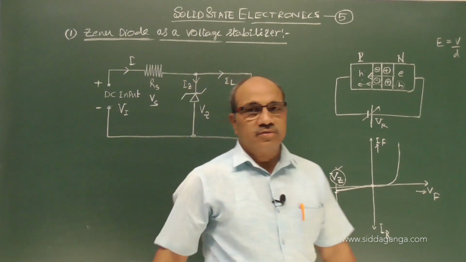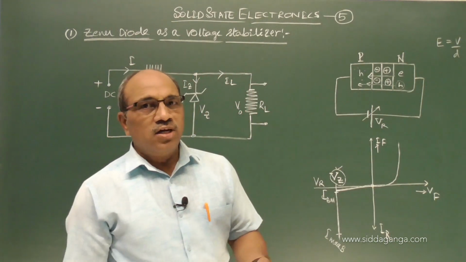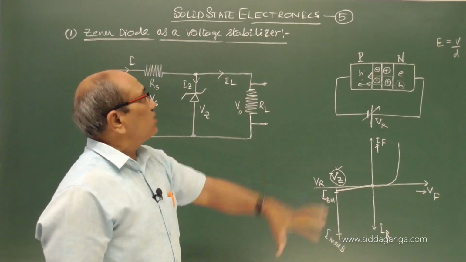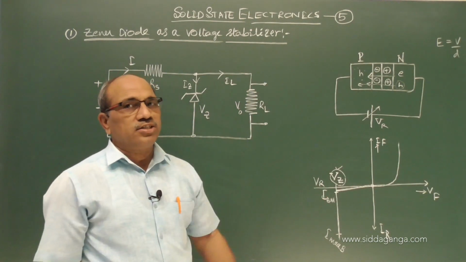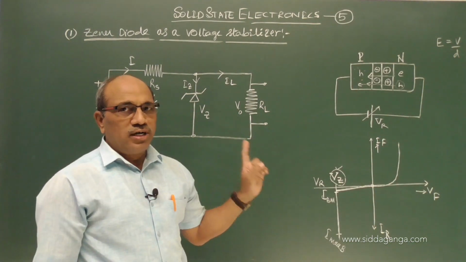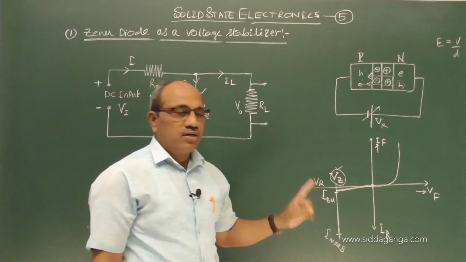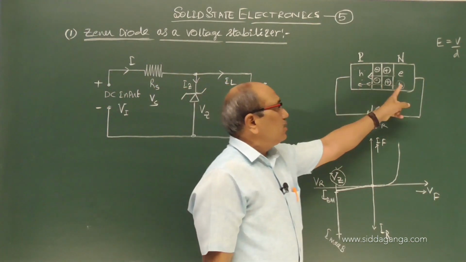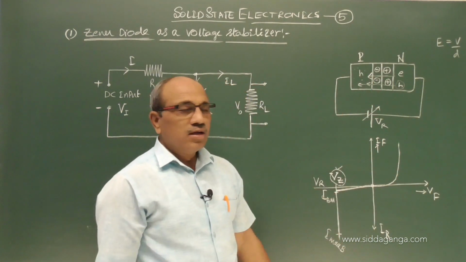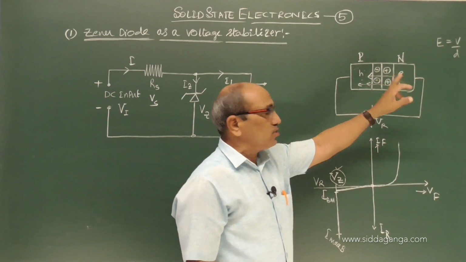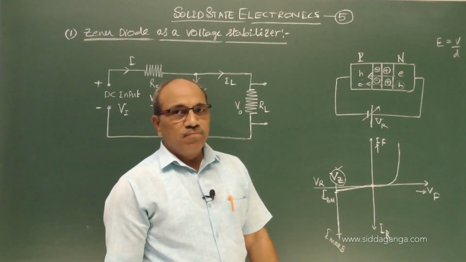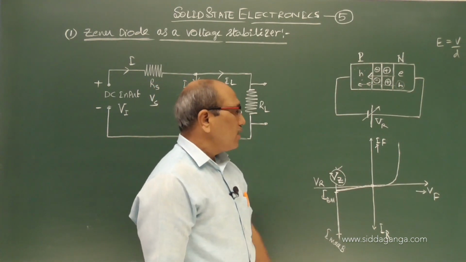This is the advantage. Three things to remember to understand how a Zener diode acts as a voltage stabilizer, how it stabilizes the output voltage. One thing: Zener is not a normal diode, it is specially designed. Number one, heavily doped regions of the semiconductor, thin depletion layer, high electric field of the junction, which minimizes the diffusion process highly.